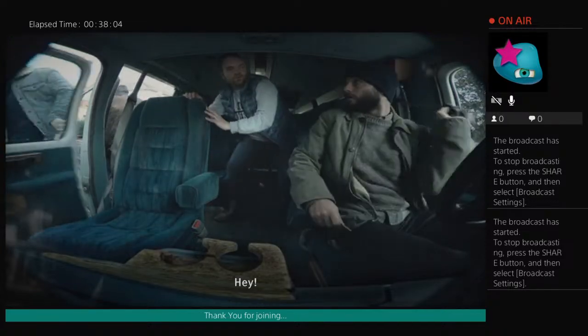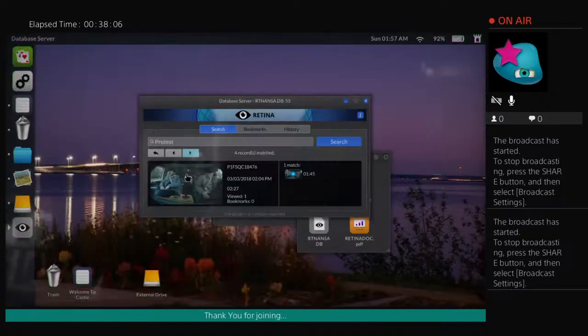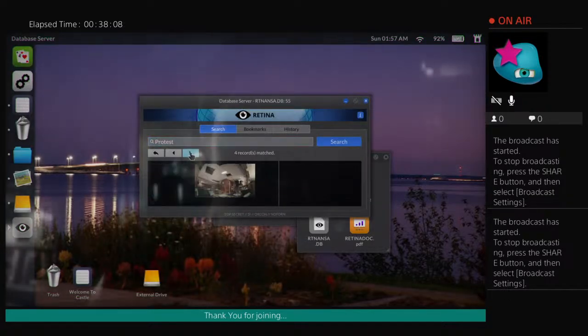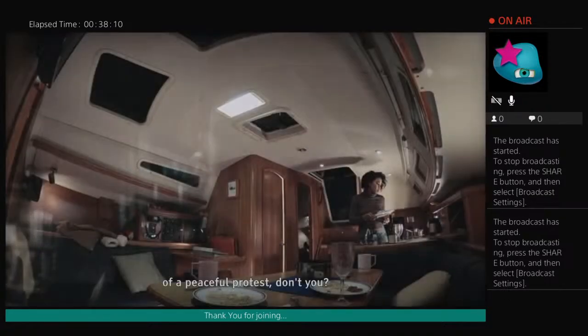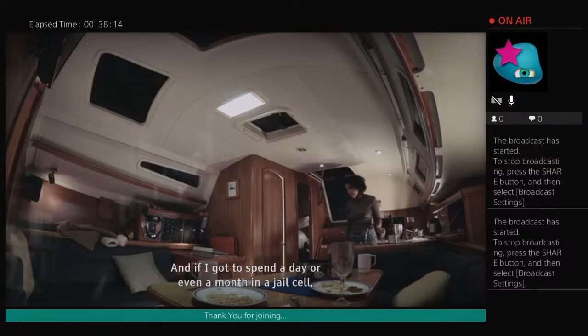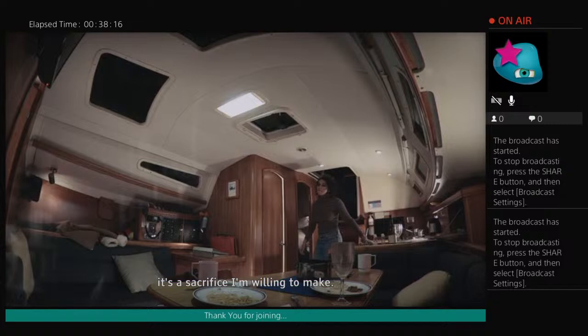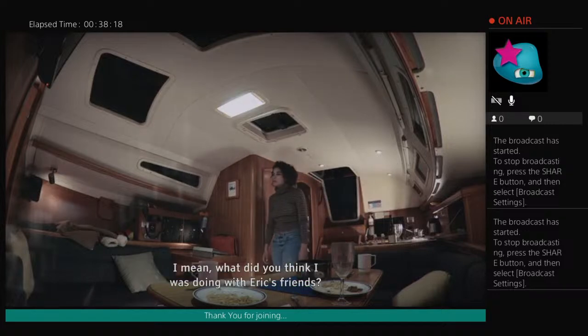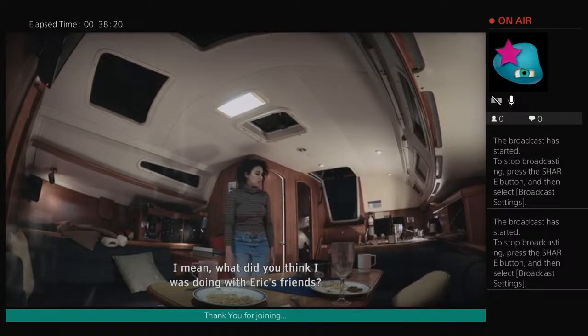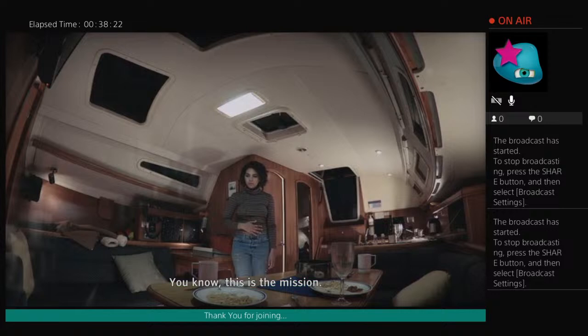Hey. Stop sovereign. Nice shirt. Yeah, that kind of gives us the plan away, bro. Peaceful protest. You? If I gotta spend a day or even a month in a jail cell, it's a sacrifice I'm willing to make. What do you think I was doing with Eric's friends? You know, this is the mission. I'm gonna search Eric. Fuck the mission.